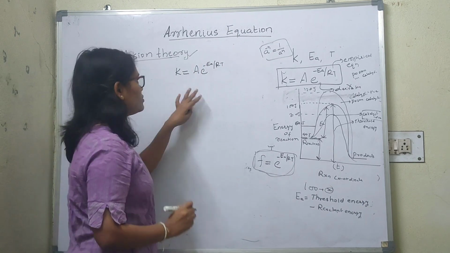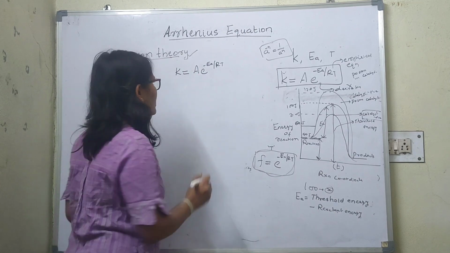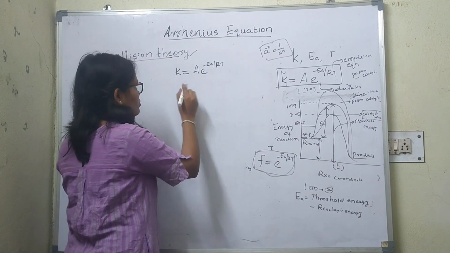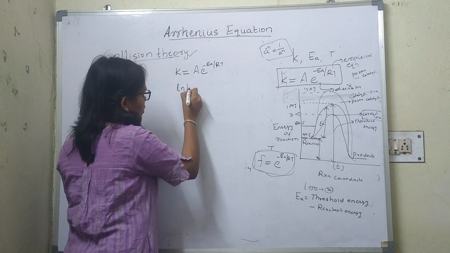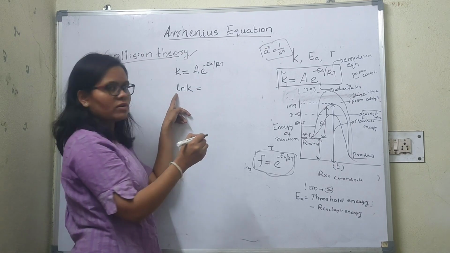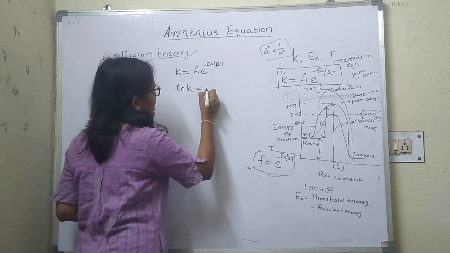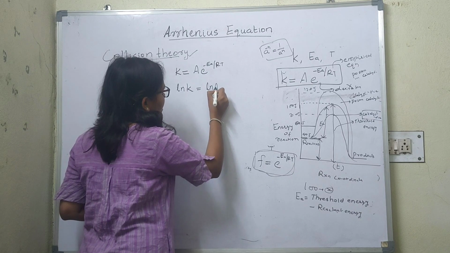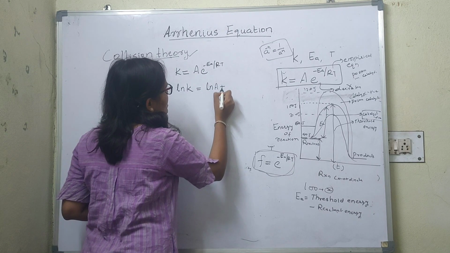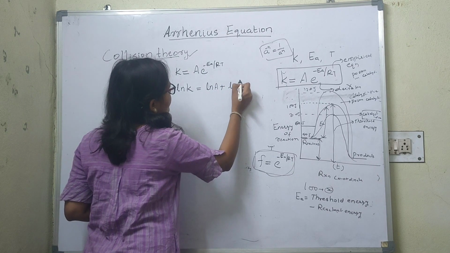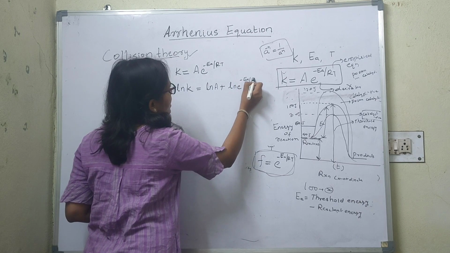Now this can also be written in the form of logarithm. So if I take ln on both sides, I'll get ln of K, this is the natural logarithm. Ln of K equals ln A plus ln e power minus EA over RT.